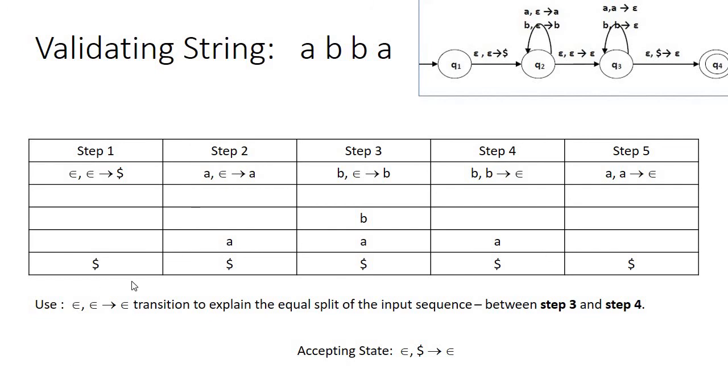So there is another transition in between which defines epsilon comma epsilon produces epsilon. This is very much like the transition which we used in epsilon NFA. So we are transiting from Q2 to Q3 without reading anything from the input tape, as well as without doing anything over the stack.